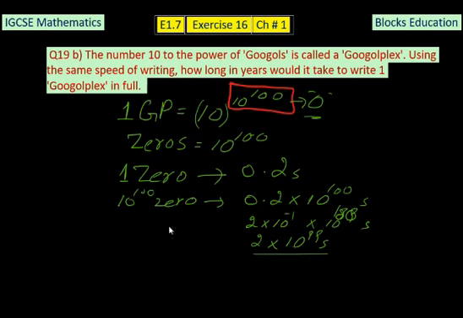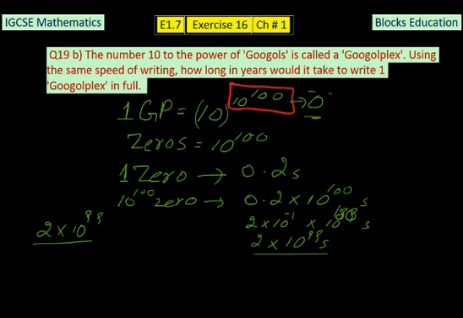It means that to write this many zeros, that is 10 raised to power 100 zeros, it will take 2 into 10 raised to power 99 seconds. Now because we have to write in years, you have to divide this number, 2 into 10 raised to power 99, by the number of seconds in a year.